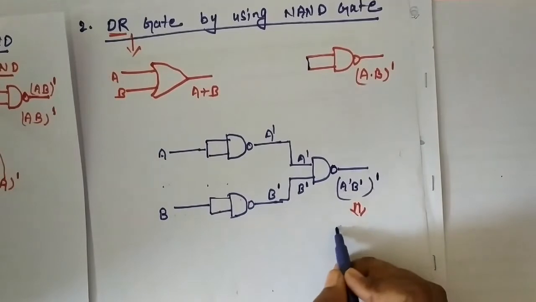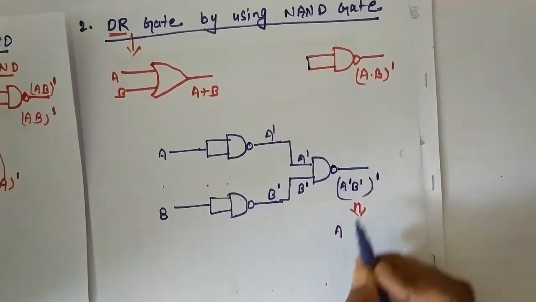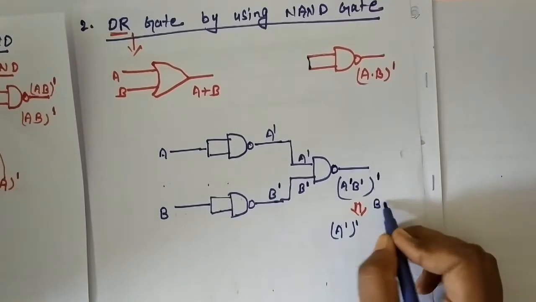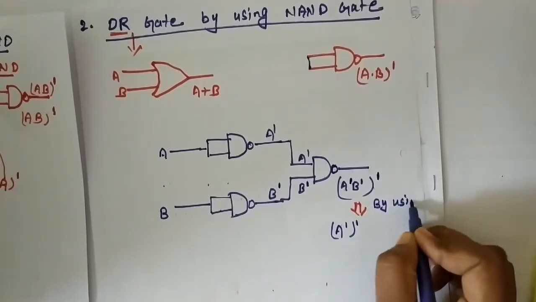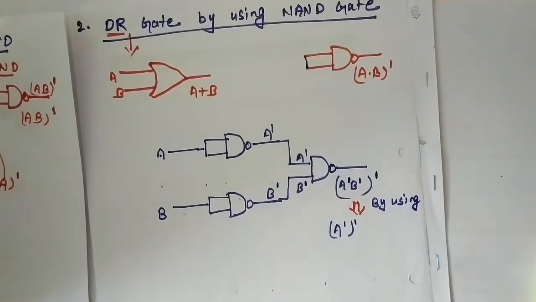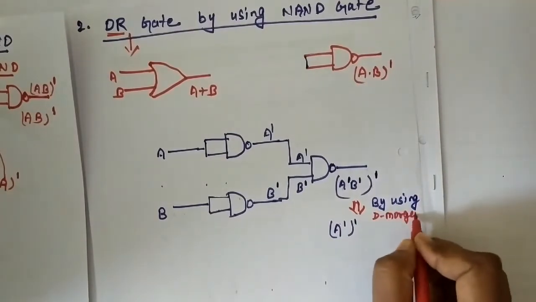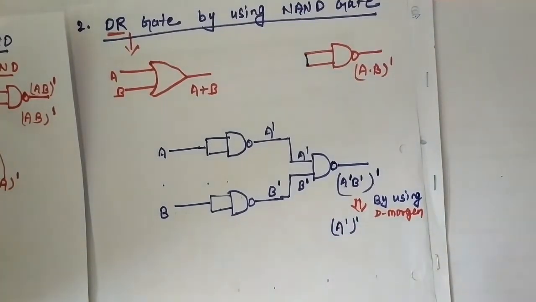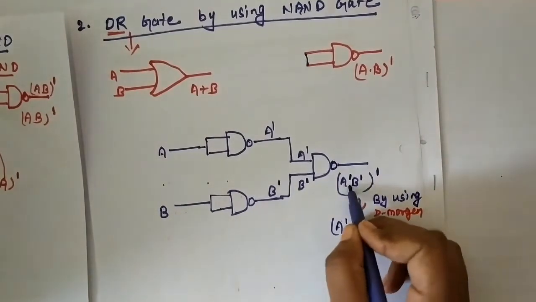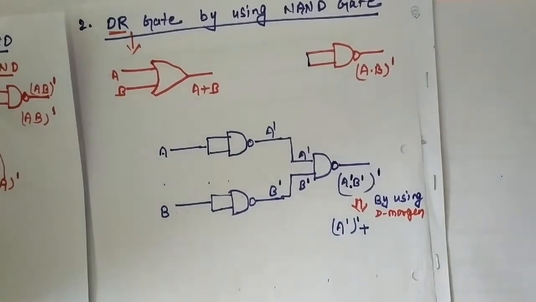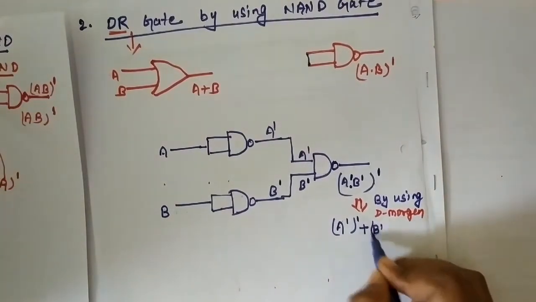So here is A dash, that means A whole dash, by using De Morgan's theorem. After that, here is a into sign, so in place of into we put a plus sign, and B dash.